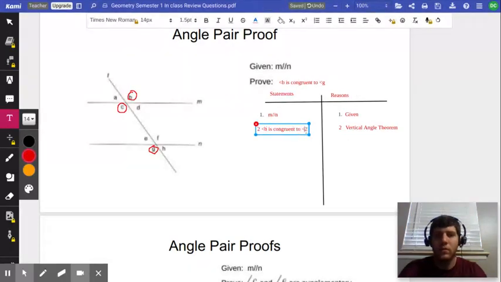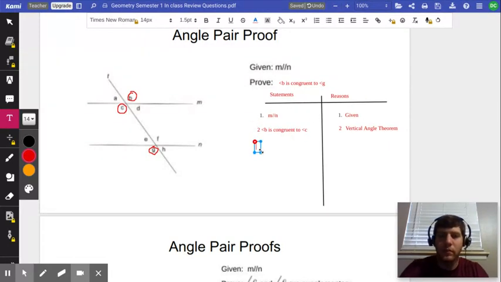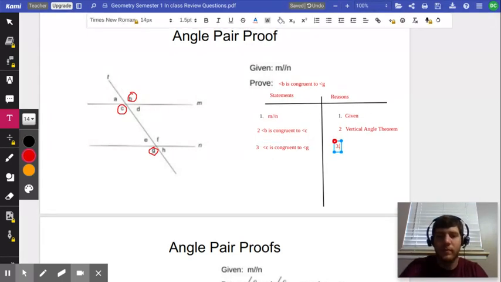B is congruent to C. Okay, and then angle C is congruent to angle G by the corresponding angle theorem. Can't put a period in there. Corresponding.